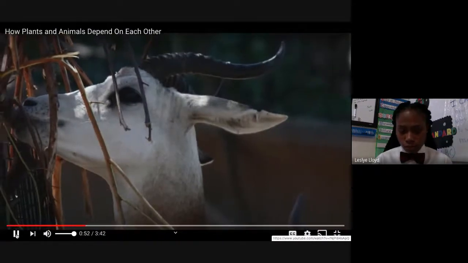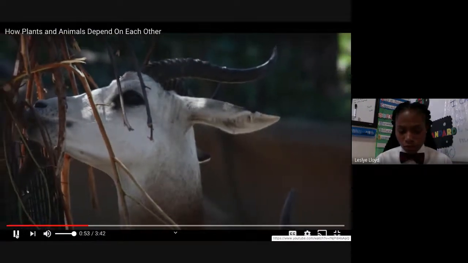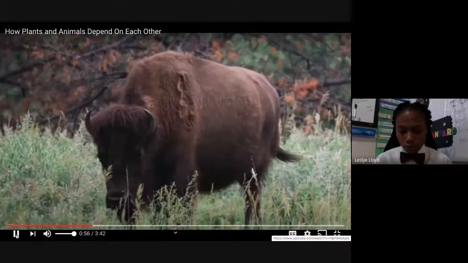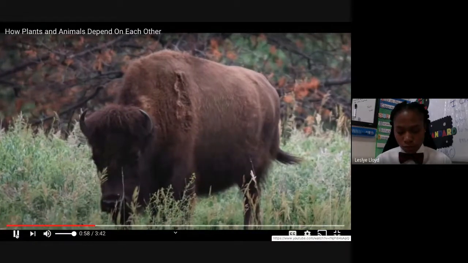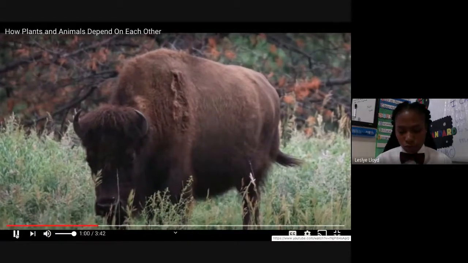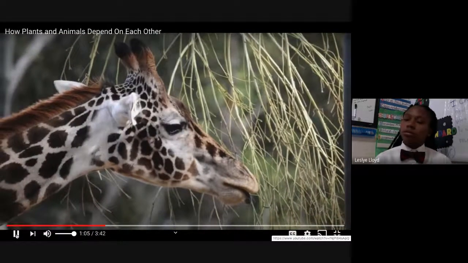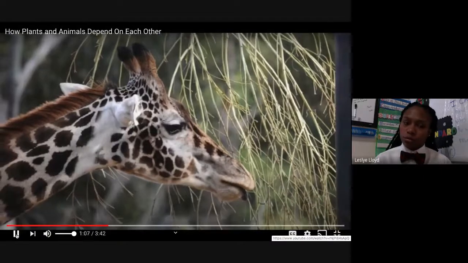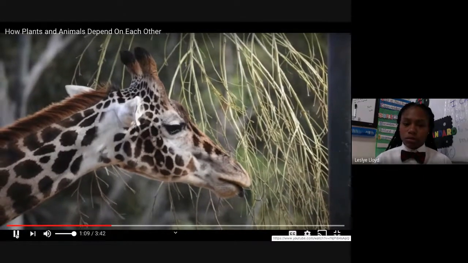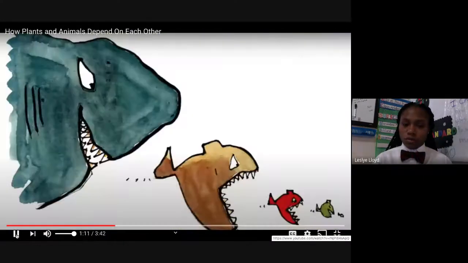Trees and bushes help animals by providing food for them to eat. Without plants, many animals would have nothing to eat and would have to travel very far to find food. Many kinds of plants are needed for different animals to have food, just like giraffes need tall trees to eat from since they are so tall. Not all animals eat plants though.